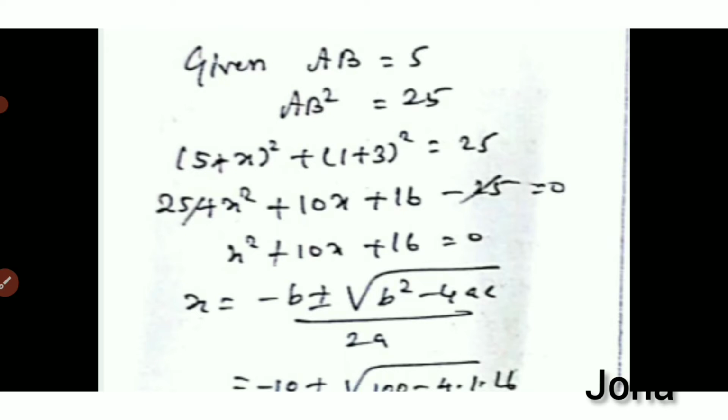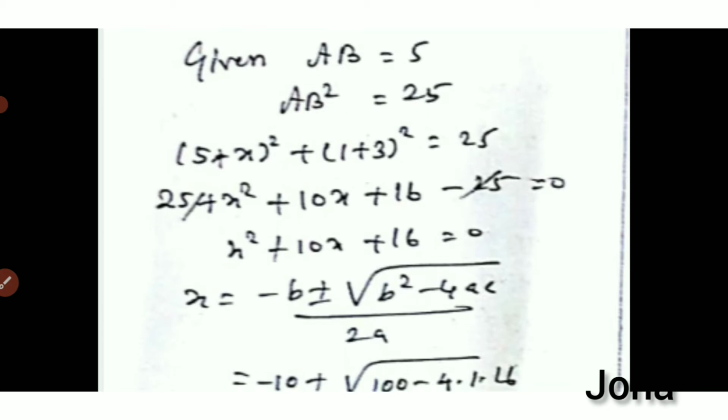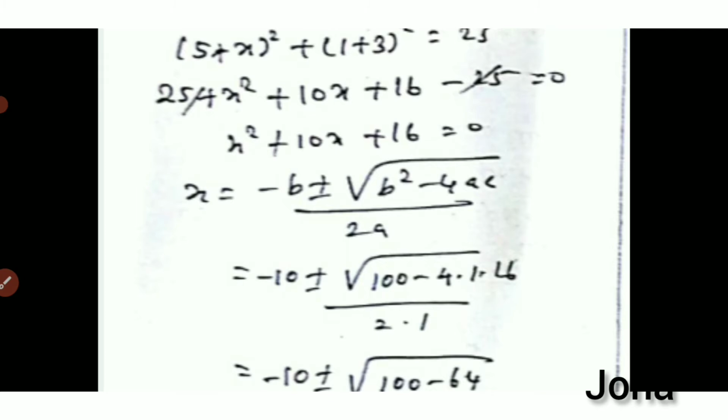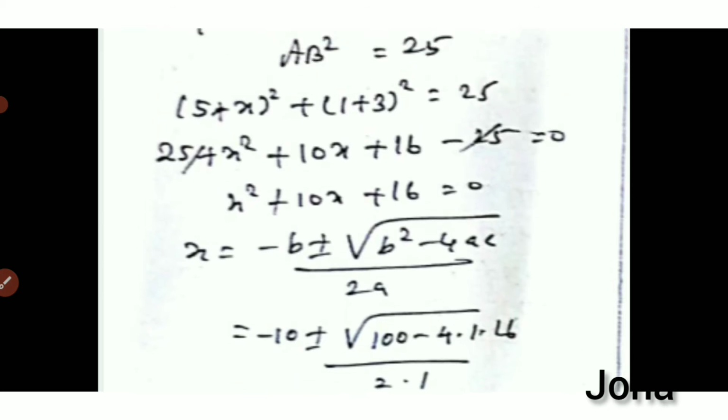So the distance between AB is (5 plus x) the whole square plus (1 plus 3) the whole square equal to 25. So by using the formula (a plus b) the whole square, we have 25 plus x square plus 10x plus 25, and then for the next one 1 plus 3 is 4 here, so 4 square is 16 here, and take this 25 to the other side, it will become minus 25.